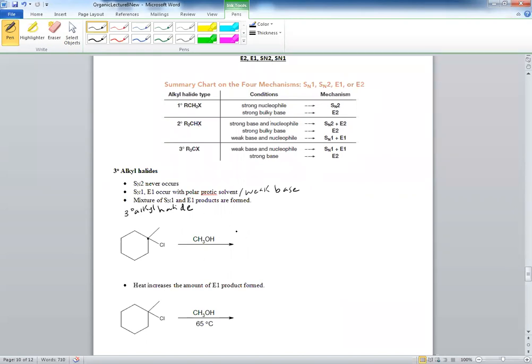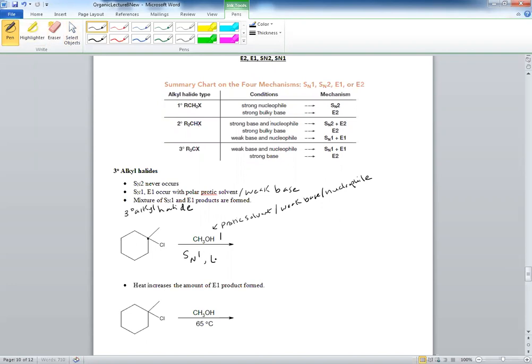And when I look here, I have a protic solvent / weak base or nucleophile. So the only possible reactions here are SN1 and E1.